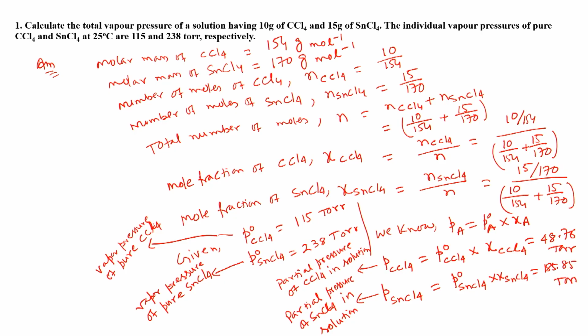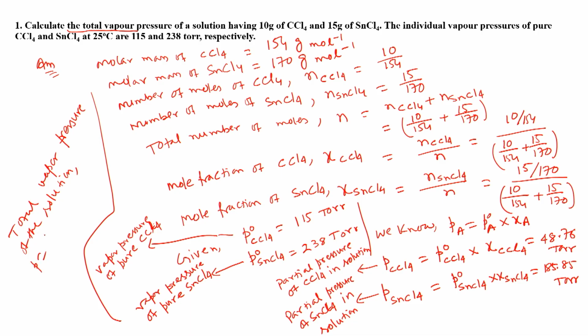185.85 torr. But we need to calculate total vapor pressure, right? So the total vapor pressure of the solution, if we consider P, is P CCl4 plus P SnCl4.